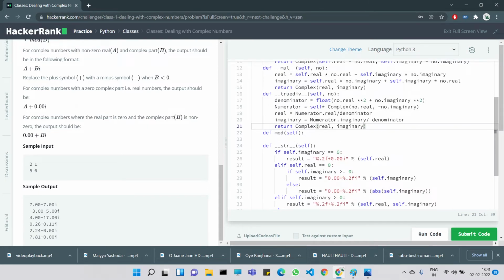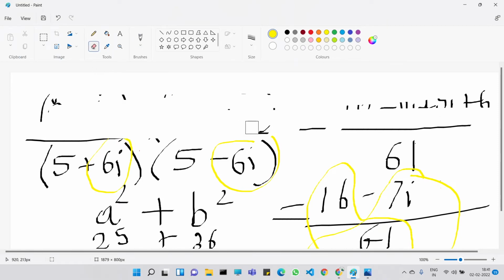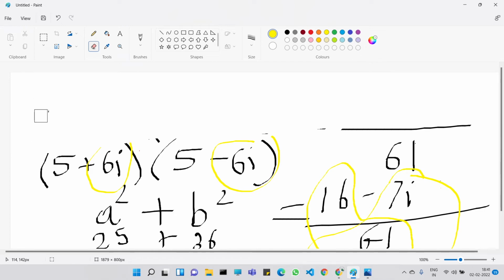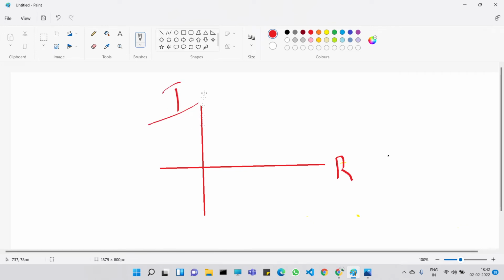Now finally, to get the modulus. For getting the modulus, first let me define what modulus is. The complex number is actually defined in a graphical space like this. This is going to be the real axis. This will be the imaginary axis.